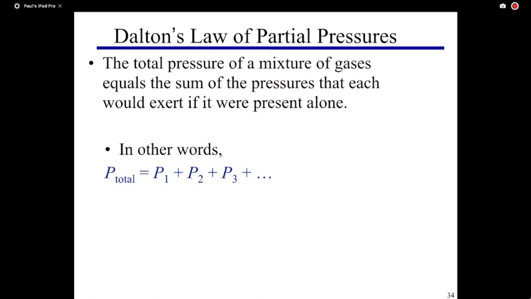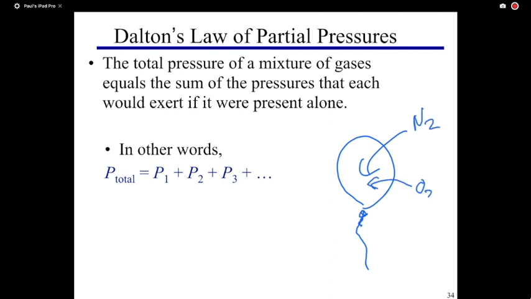So if by chance you had a balloon, and by chance the balloon has both nitrogen and oxygen in it, the nitrogen will make up part of the pressure in there, and the oxygen will make up part of the pressure in there.